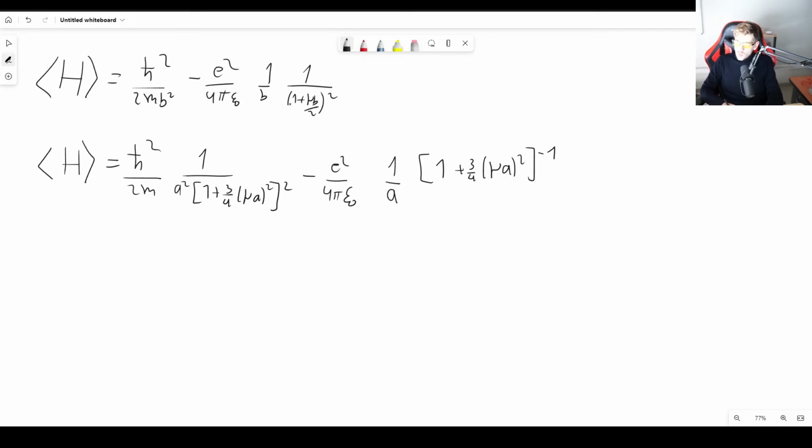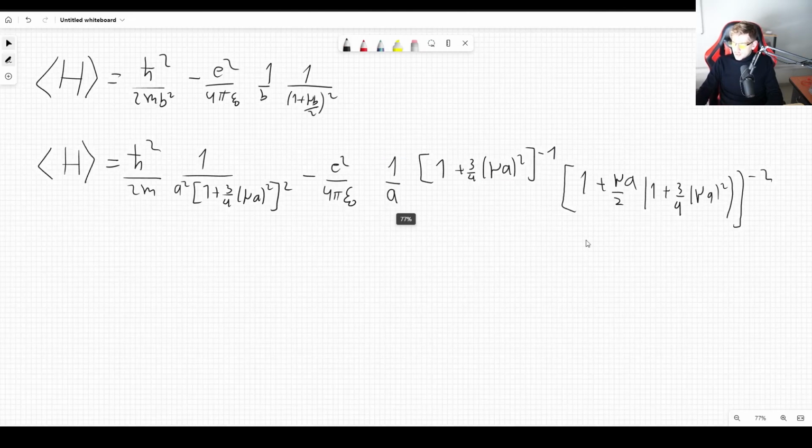And then we have 1 over 1 plus mu b over 2 squared. So that would be 1 plus mu over 2 times b. And b is a times this. It's basically this, but not squared. So we get another a here, and then we have 1 plus 3 over 4 mu a squared, and this is to the minus 2.